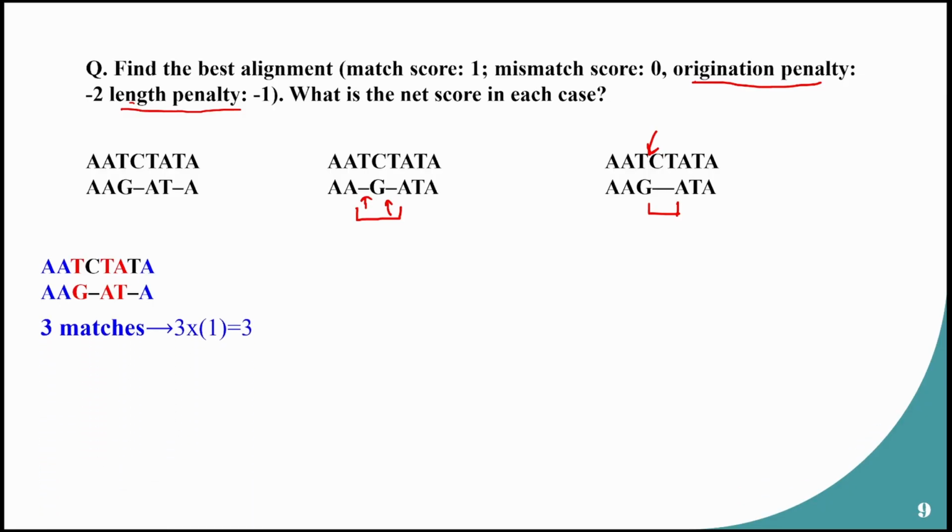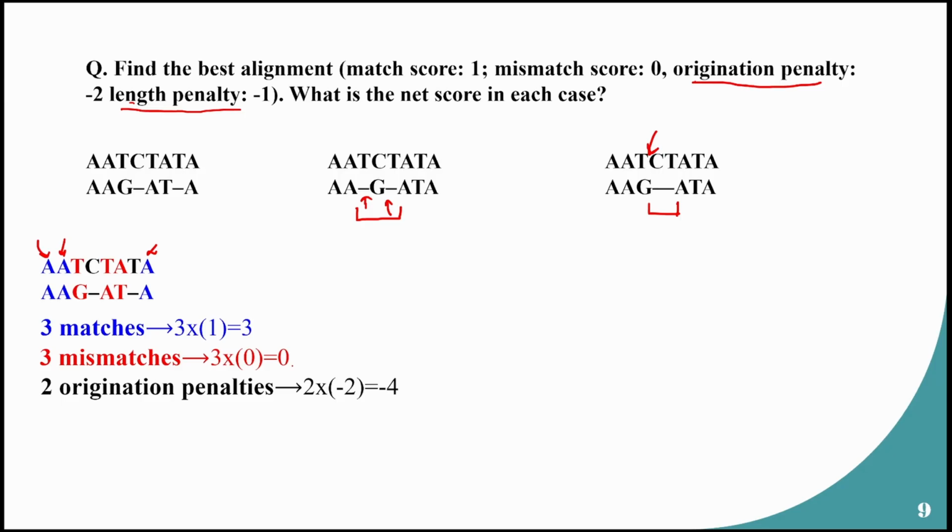So in this case, how do you do it? You see the total number of matches, of course. For the first one, you have 3 A's on both that are matching, so 3 times 1, that is 3 for the 3 matches. You'll have 3 mismatches, and interestingly here in this example, the mismatch score is given as 0, so that's a neutral value, not having a penalty of negative scores.